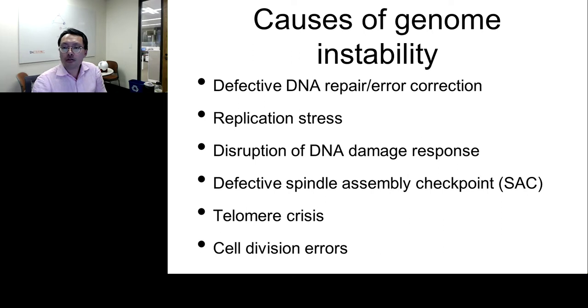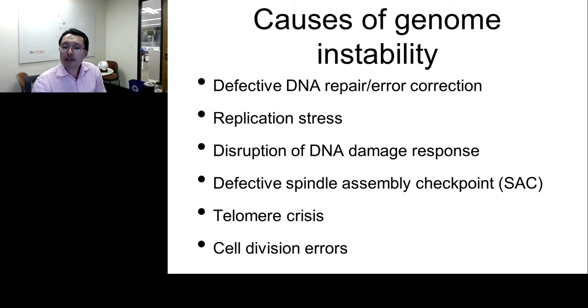People have already attributed causes such as defective DNA repair, including defective error correction during DNA replication, the generation of replication stress, disruption of DNA damage response, defective spindle assembly checkpoint, which can lead to chromosome missegregation during cell division, telomere crisis, and cell division errors. How exactly one or multiple mechanisms listed here contribute to genome instability is still not completely understood.